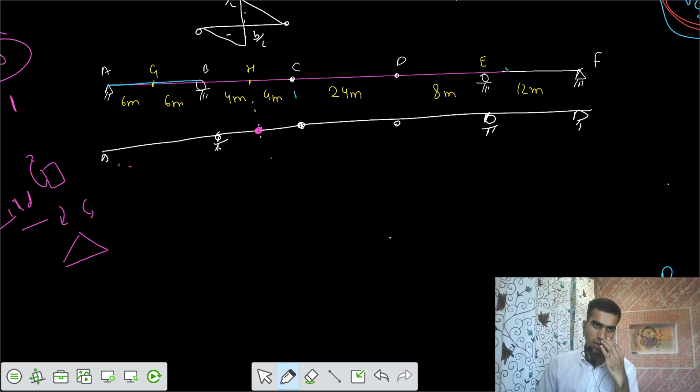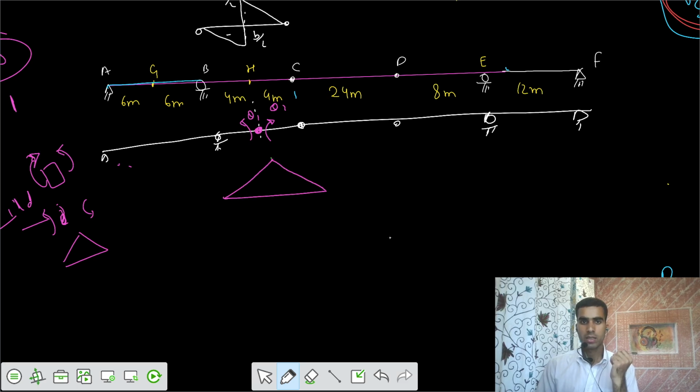This is clockwise, this is anti-clockwise. If this is clockwise, this should be anti-clockwise. This theta should be in this fashion, and for this one it should be in this fashion. So you are applying theta 1, theta 2, such that this part goes up in this fashion. So this is your ILD for the BC part.